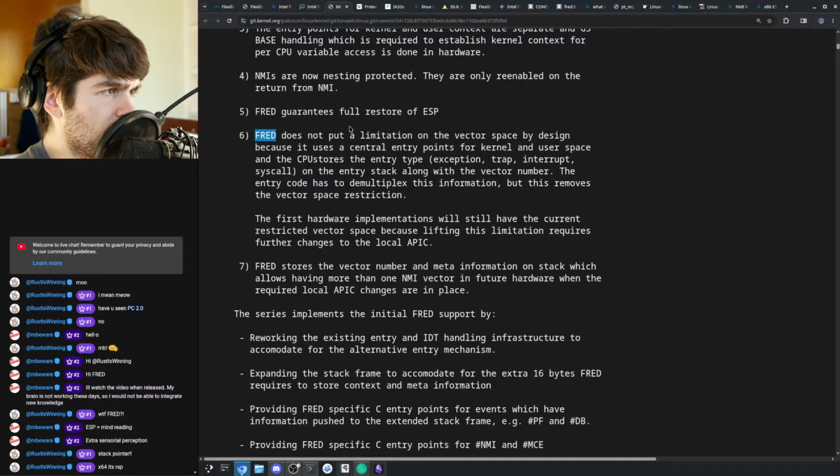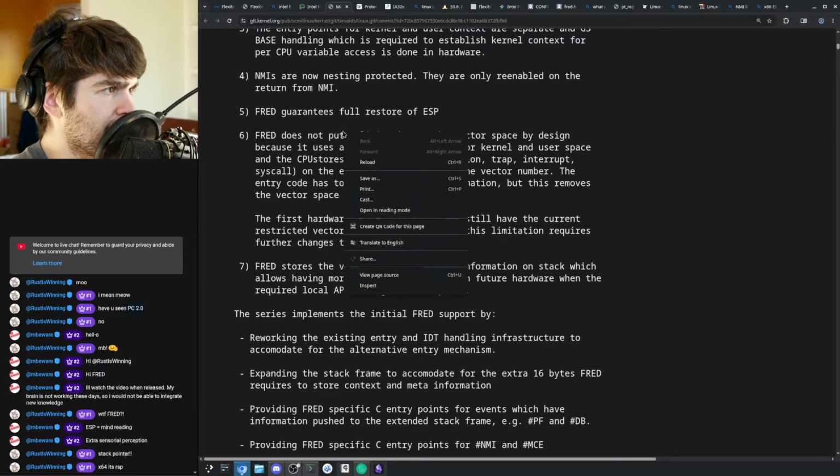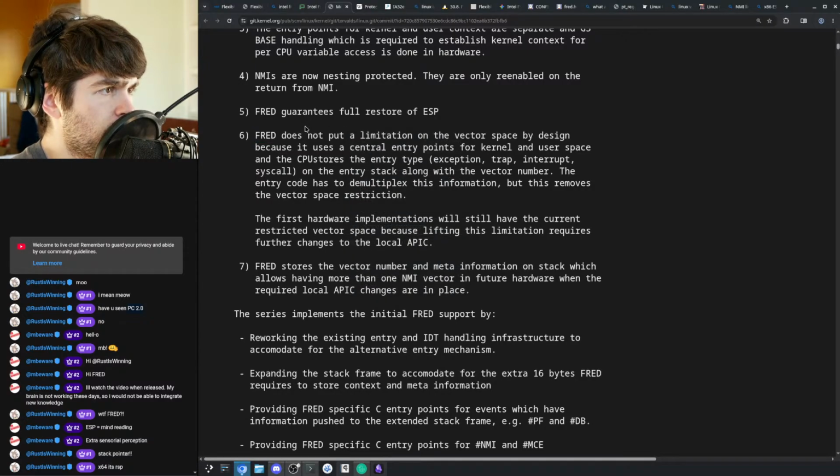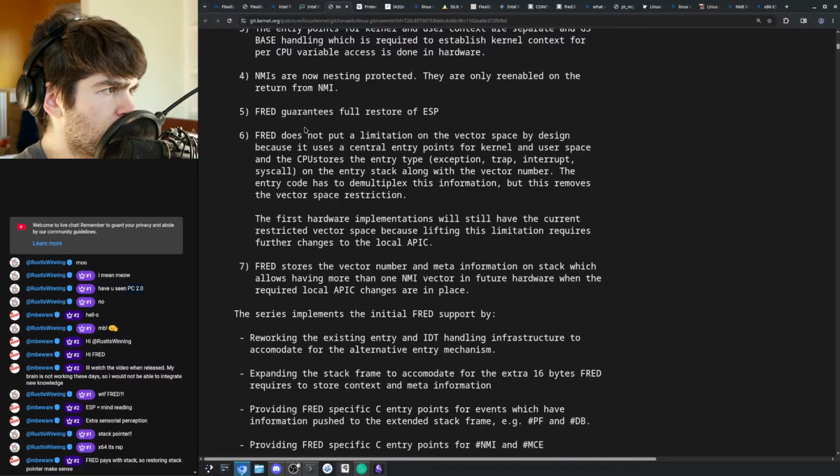FRED does not put a limitation on vector space by design because it uses a central entry point for kernel and user space, and the CPU stores the entry type (exception, trap, interrupt, syscall) on the entry stack along with the vector number. The entry code has to demultiplex this information, but this removes the vector space restriction.